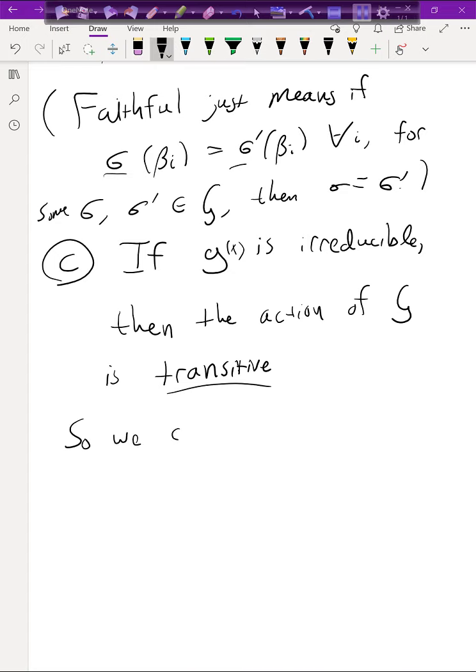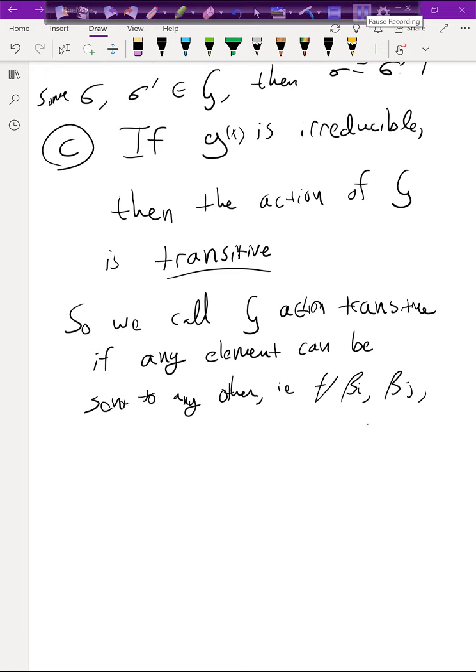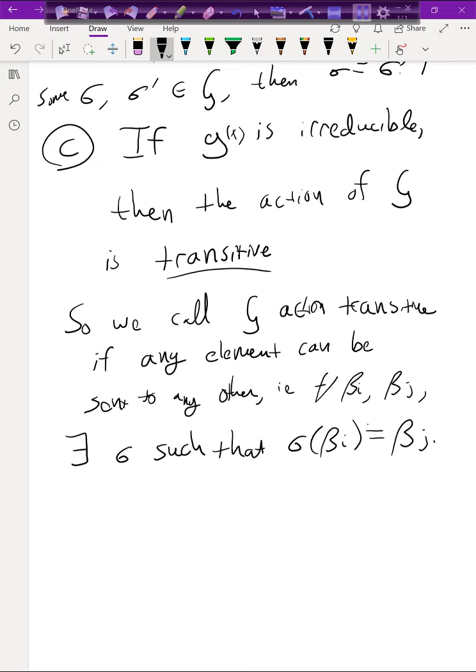So we call G's action transitive if any element can be sent to any other, i.e., for all bi and bj, there exists a sigma such that sigma of bi equals bj. That's the definition of a transitive group action.